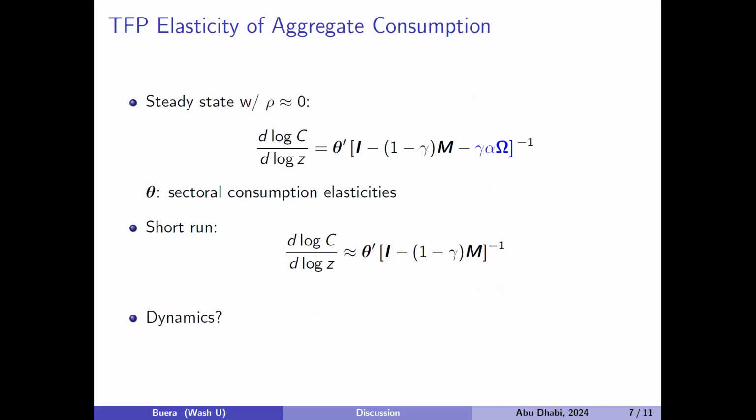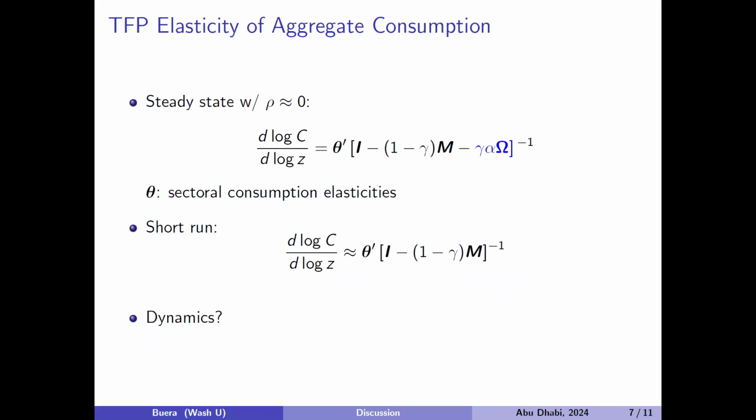In this simple framework, you can get two simple results. You can get a result of how, say, welfare changes with productivity at the sectoral level in the steady state. To get a simple expression, it's useful to consider the case with no discounting. In this case, the influence vector is going to be an extended Leontief inverse.